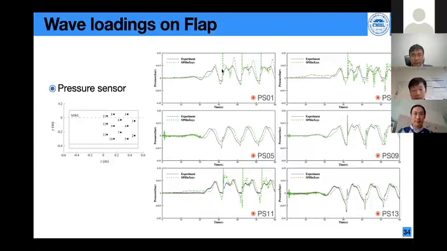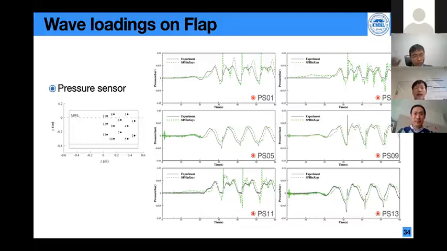This is due to the fact that the SPHinXsys method applied a weakly compressible model, which will increase the pressure peak of the fluid. And for the other 3 pressure sensors, a very good agreement is noted.